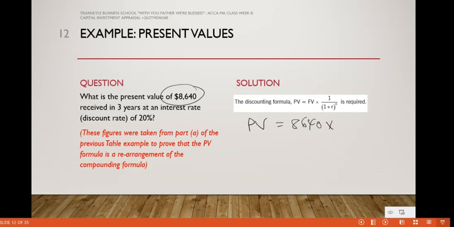Multiply by 1 over 1 plus R, and our R is 20%, so 1 plus 0.2, to the power n. How many years? 3 years. So this is going to give us $5,000.